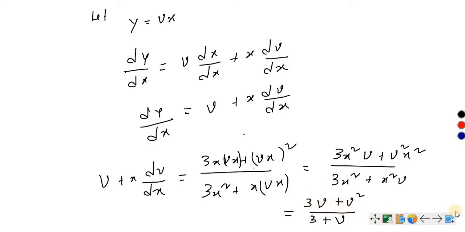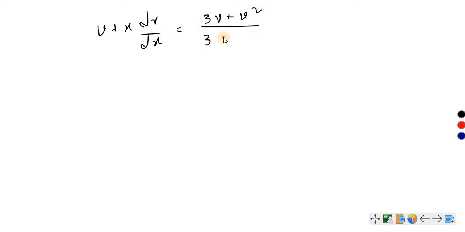So finally I can write what? That is v plus x dv by dx is equals to, sorry, it's not v, 3v plus v square divided by 3 plus v.